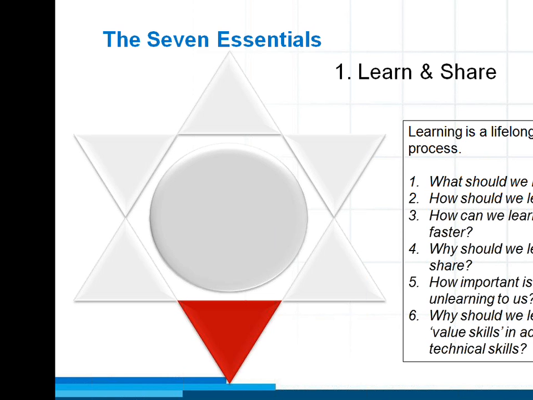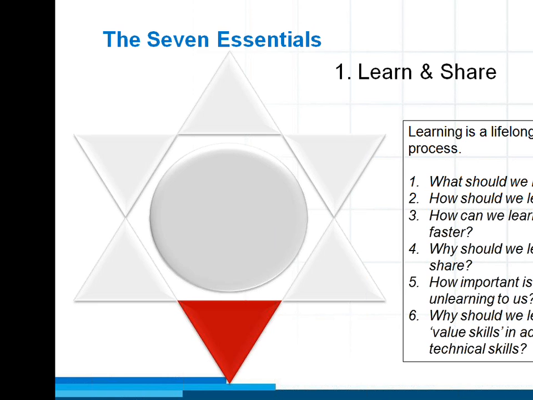Many times in our world, team members think that technical skills are sufficient, but Peter Deming says that if you want to create value to customers, you need to have deep technical skills, and you should also have value skills.